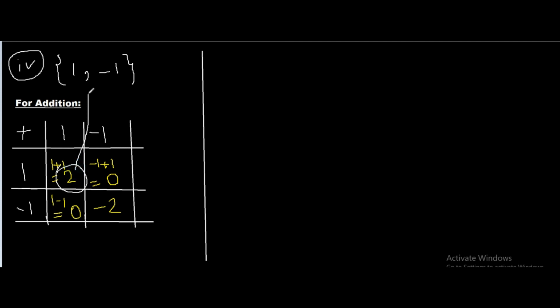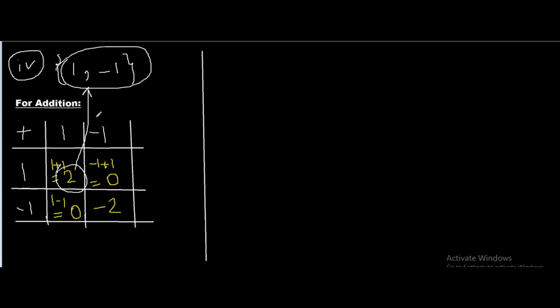If you check it in this given set, then 2 is not included in this set. There is no 2 found here. Since 2 is not found here, we don't need to confirm the remaining results, because we have to find only one entry which is not included.